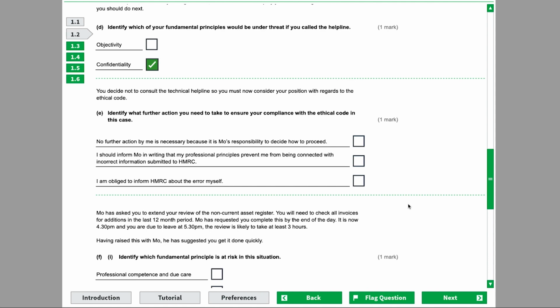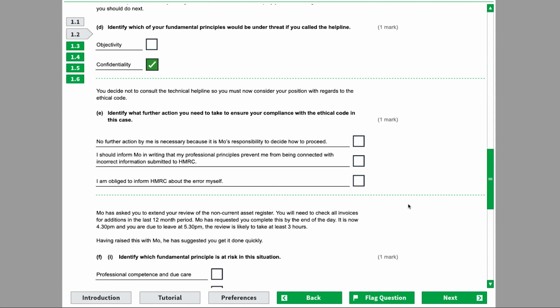Well, out of these three options, the most appropriate would be option number 2. You see, the problem that we have is we are not allowed to disclose incorrect information to HMRC. However, equally, it wouldn't be your specific responsibility to disclose that information after being told that you aren't allowed to.